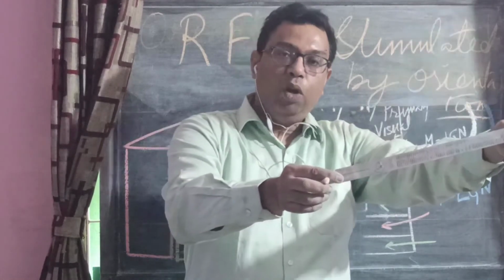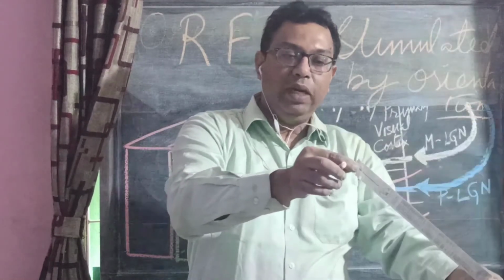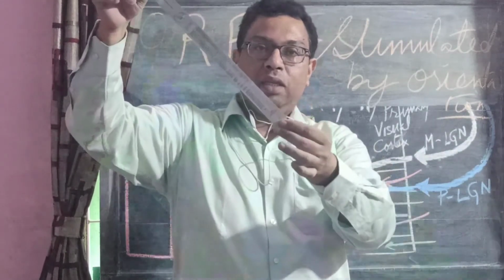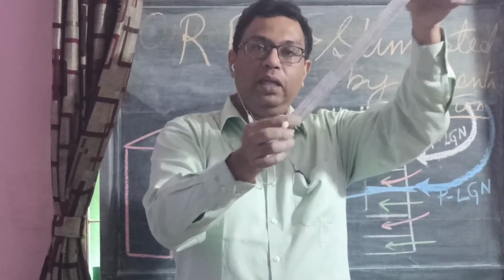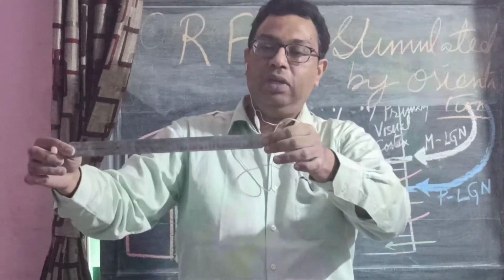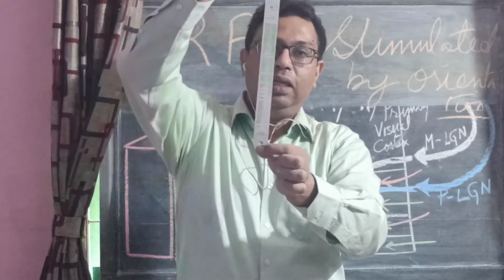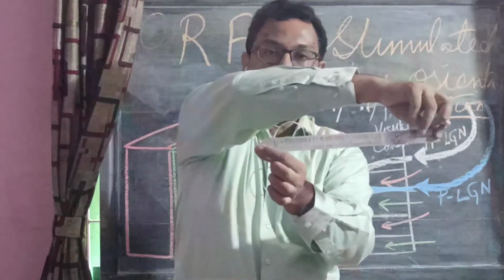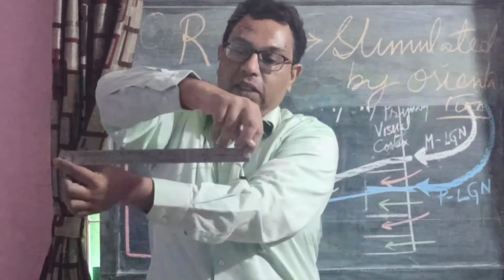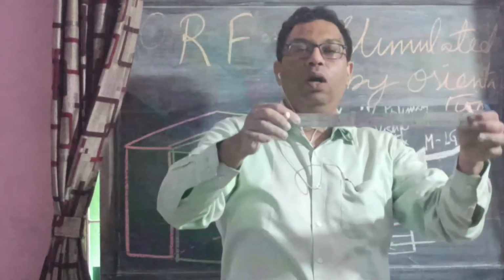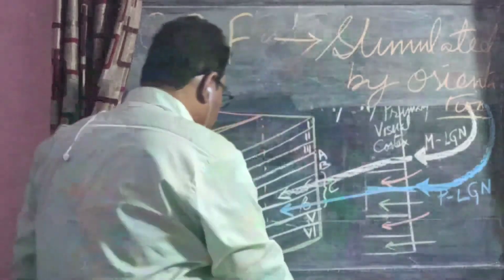Some will respond to an orientation like this, some to this orientation, and some to that. So depending on the orientation, some cells will be stimulated. So you have orientation columns.